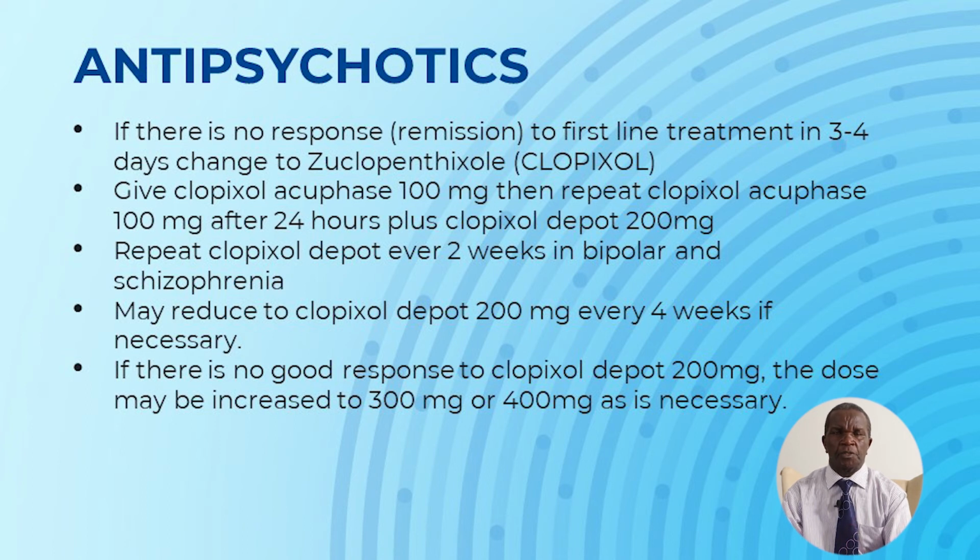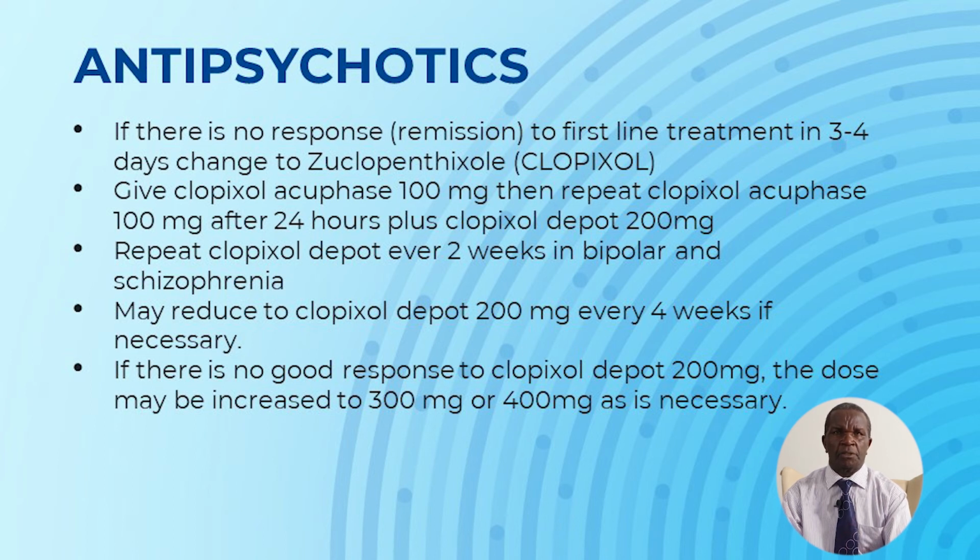When you're giving Clopixol after 24 hours, you can always give also the depot zuclopenthixol 200 milligrams at the same time. Now, you may need to repeat Clopixol depot after every 2 to 4 weeks, depending on the response of your patient.